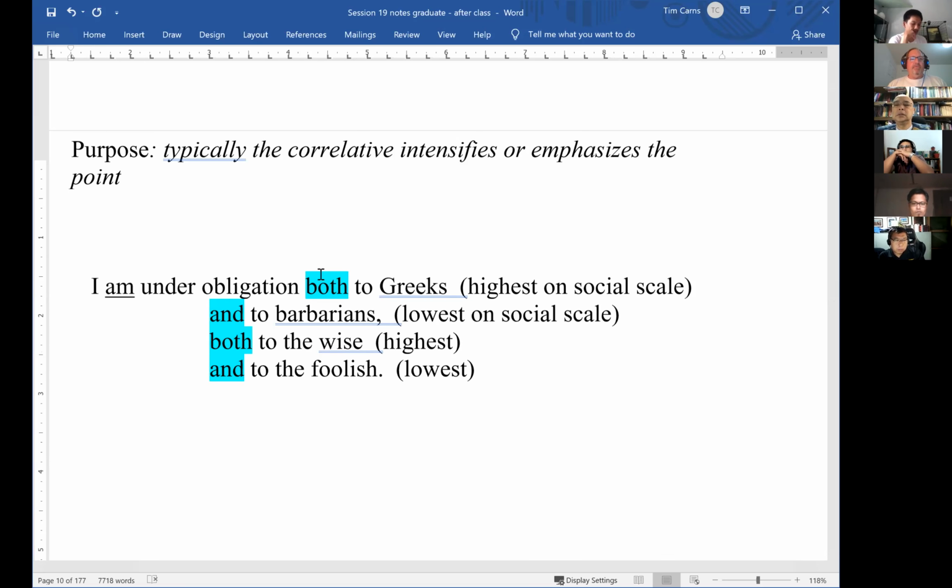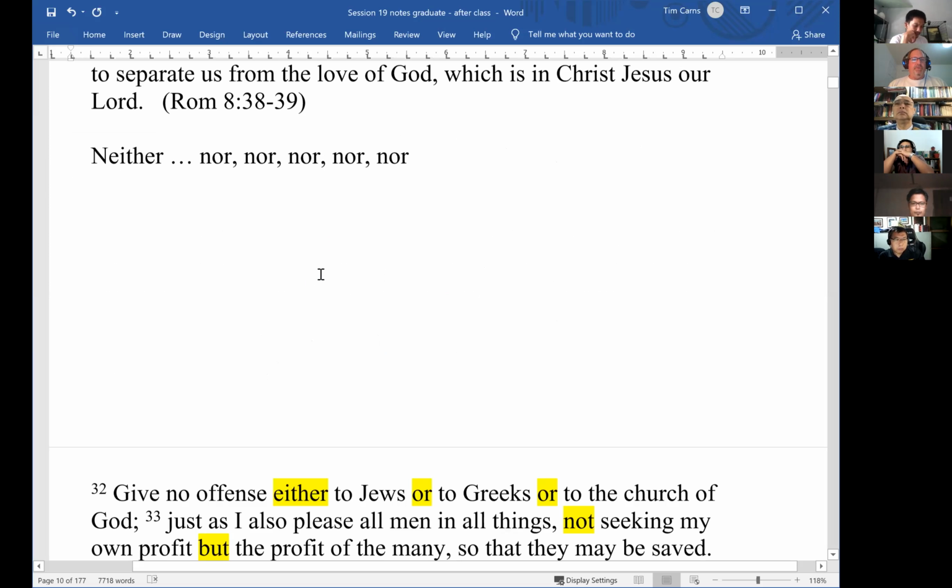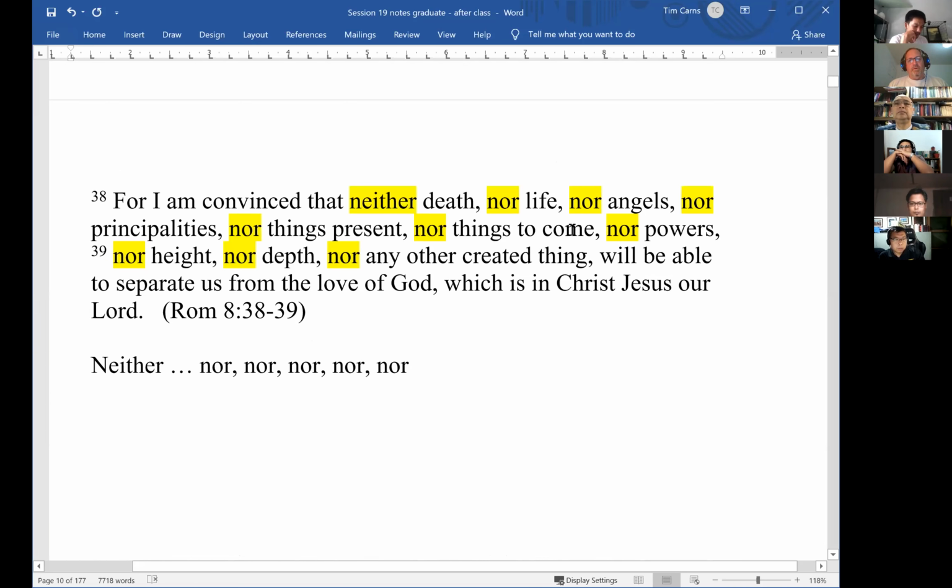It's the same if we were to go back to, I'm convinced neither nor. It's the same. It brings an intensity, which matches what he's saying in this passage in Romans 8. It's a very powerful statement that nothing can separate us from the love of God. So he includes a correlative in order to, I think, give even more emphasis to the point that he's making.